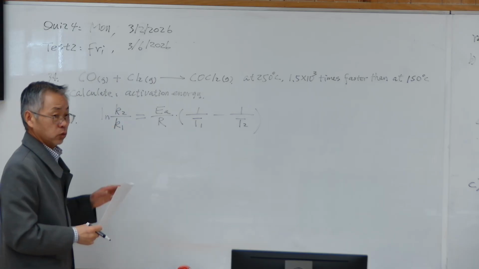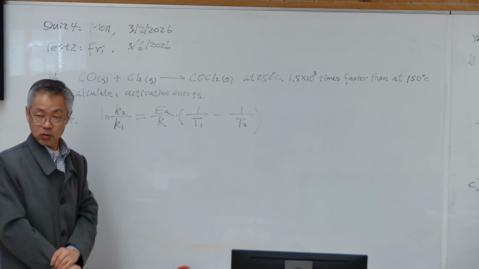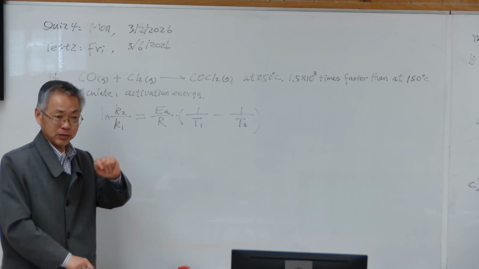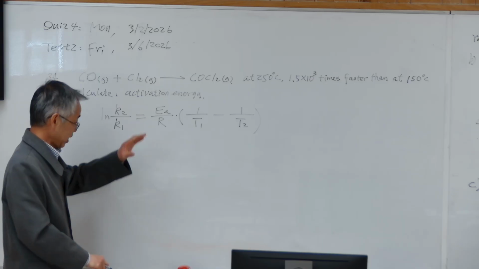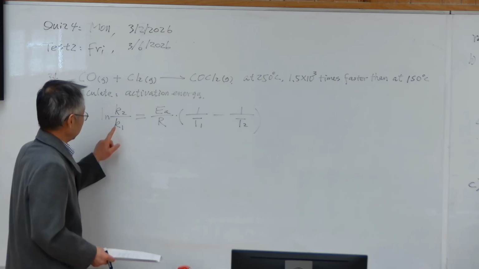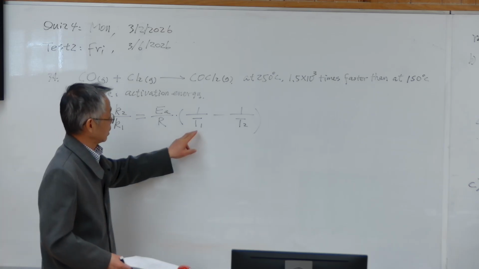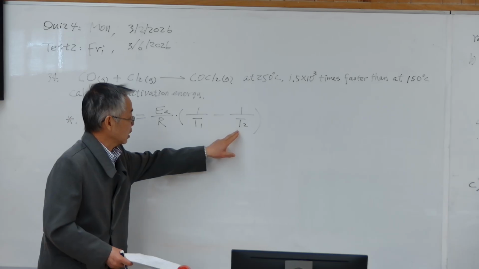This is most important. If you remember this formula, and this is a 10-point problem, I may give you 3 points already. Important, because next is according to this. K1 is the rate constant at T1. K2 is the rate constant at T2.